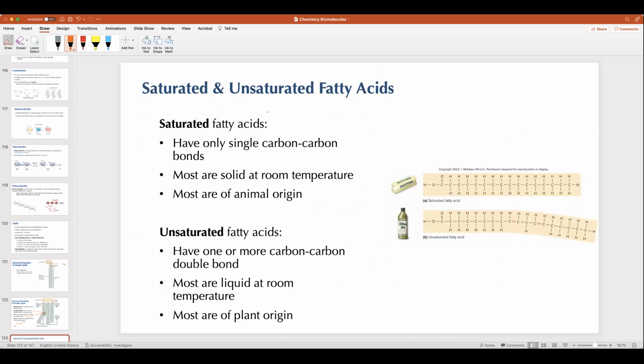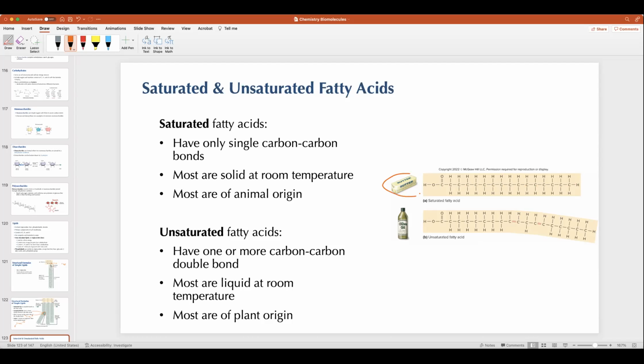All right, so we talk about saturated and unsaturated. So saturated, like I said, is just going to be no double bonds, okay? Saturated fat is an example, butter, delicious, right? Saturated fats tend to be solids at room temperature, often of animal origin.